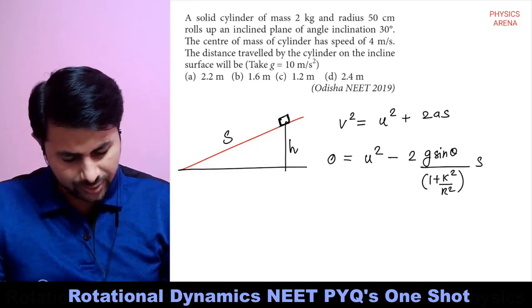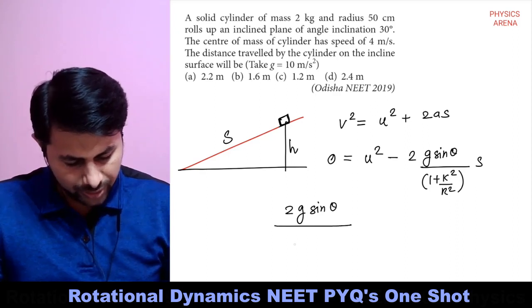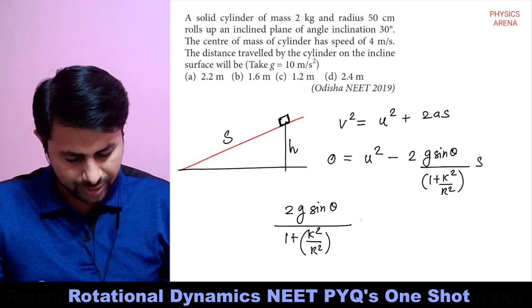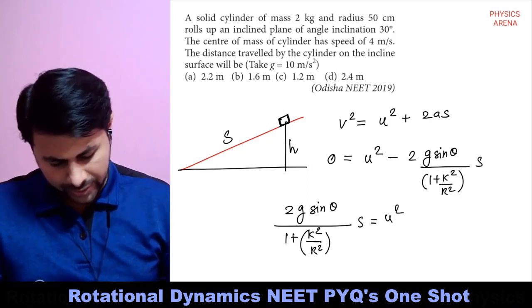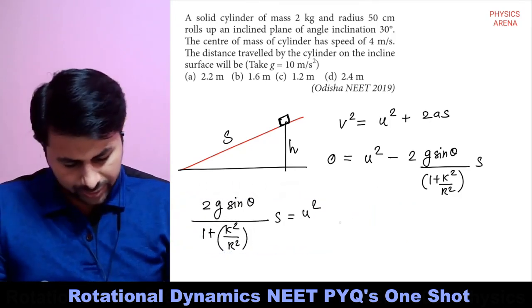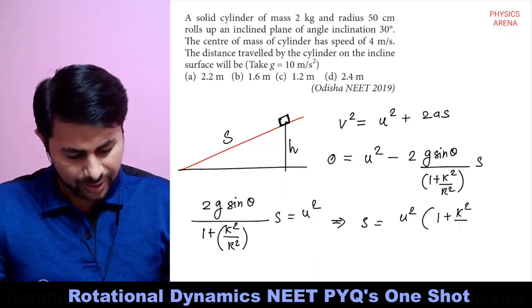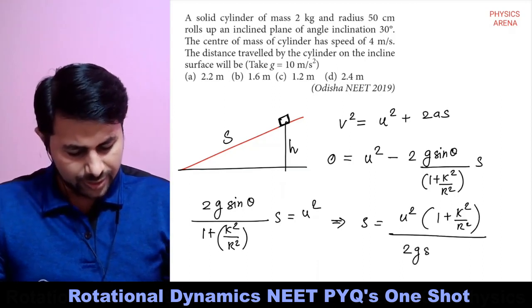So we can take this on left hand side. So it is 2g sine theta upon 1 plus k square by r square multiplied by s is equal to u square, and therefore s is equal to u square multiplied by 1 plus k square by r square upon 2g sine theta.